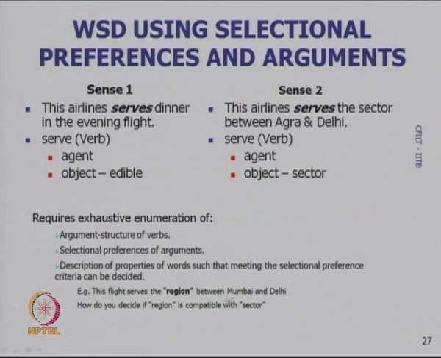This flight serves the region between Mumbai and Delhi. How do you decide if region is compatible with sector? Region and sector are two different words, but both of them mean physical space, physical distance. How does one decide that? The fact that these two have similar property.